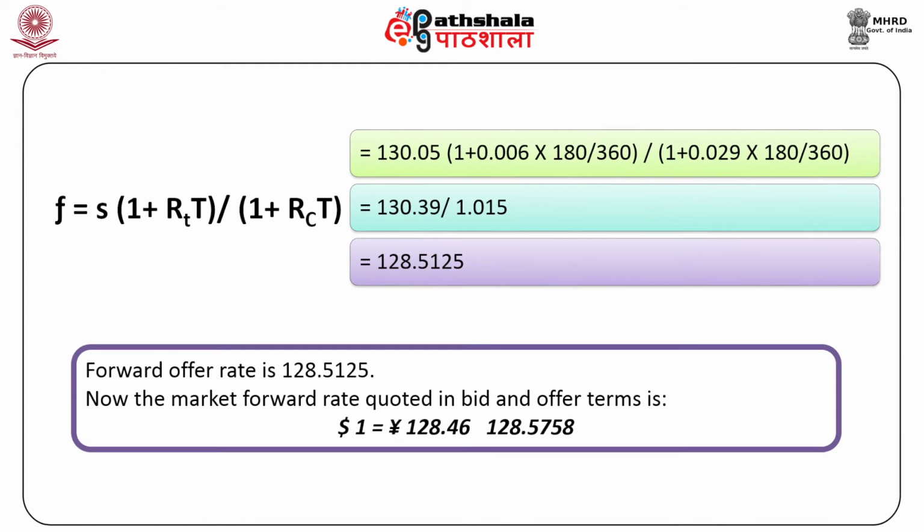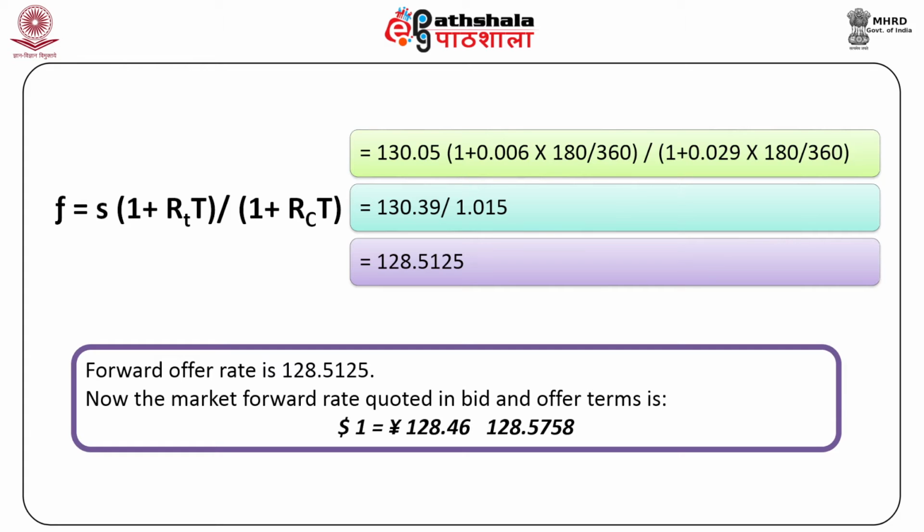That is, F is equal to S multiplied within bracket 1 plus RT T bracket close divided by within bracket 1 plus RC T bracket close, which is equal to 130.05 within bracket 1 plus 0.006 multiplied by 180 divided by 360 bracket close divided by 1 plus 0.029 multiplied by 180 by 360 bracket close, which is equal to 130.39 divided by 1.015, which is equal to 128.5125.